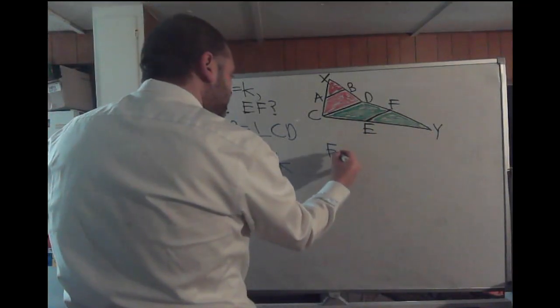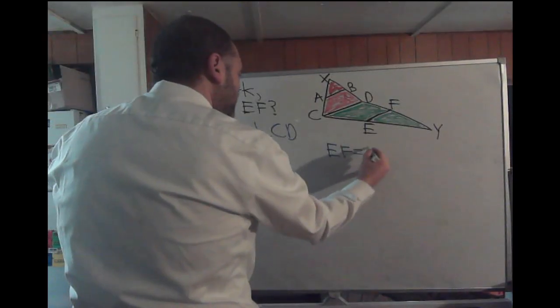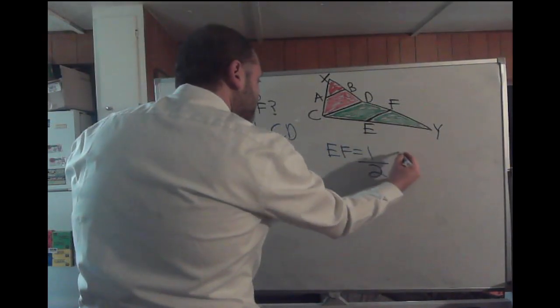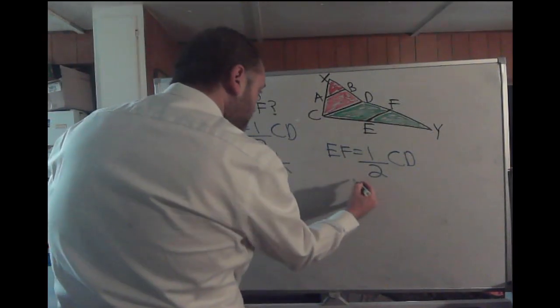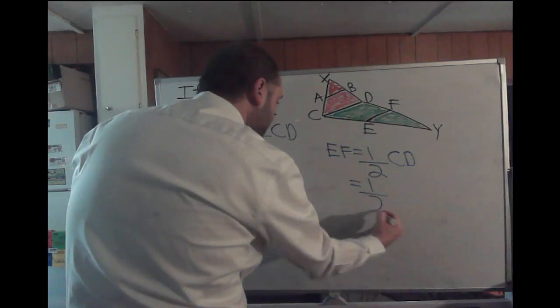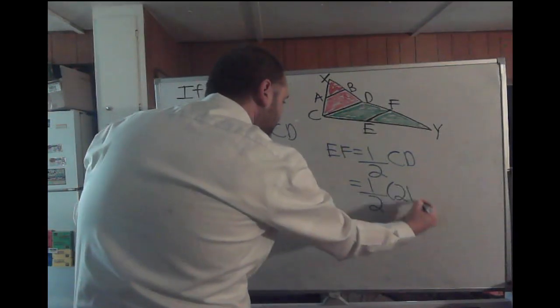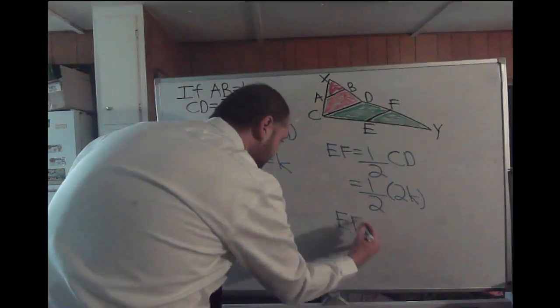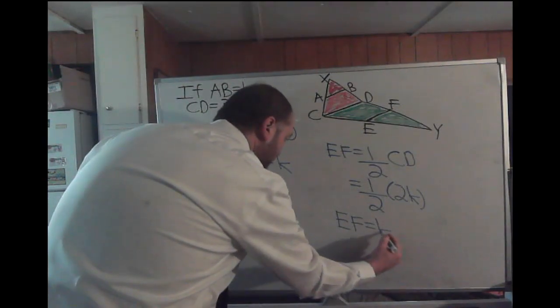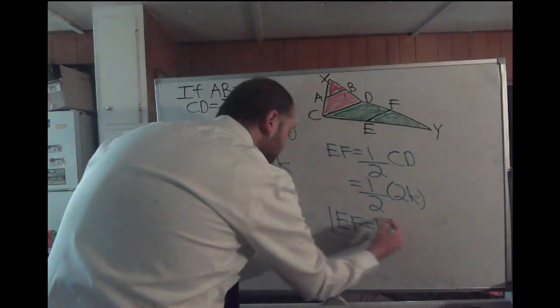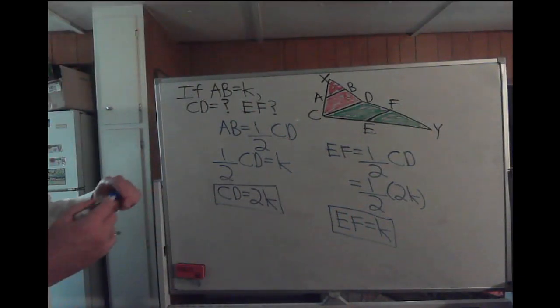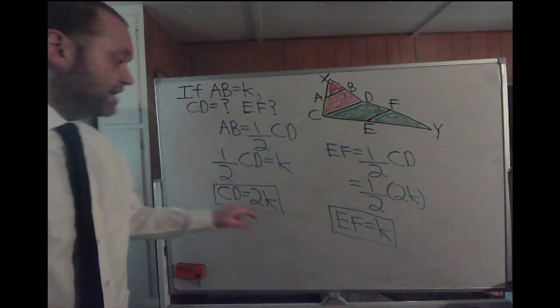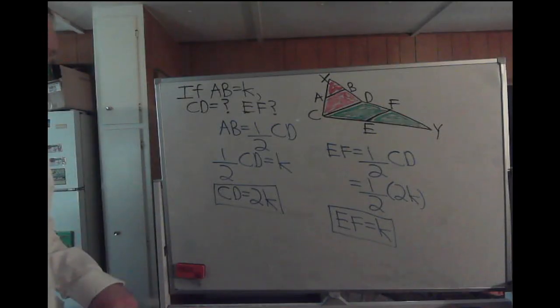So EF equals half of CD, which is half of 2K, which means that EF equals K. So we get that CD equals 2K and EF equals K.